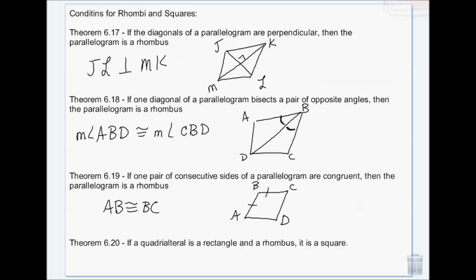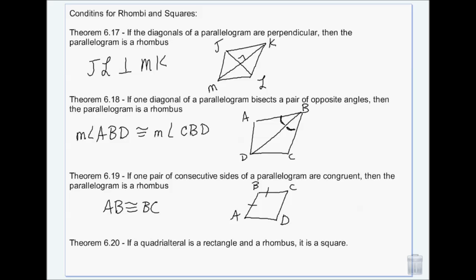Okay, so conditions. If you have a parallelogram and the diagonals are perpendicular, it's a rhombus. So if you have diagonals that are perpendicular, you have a rhombus.